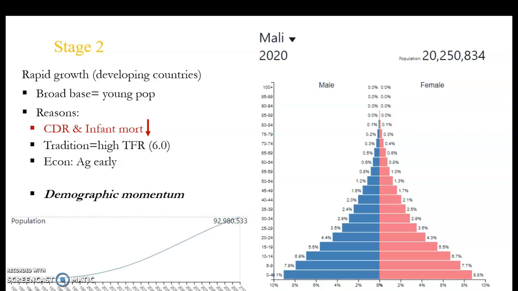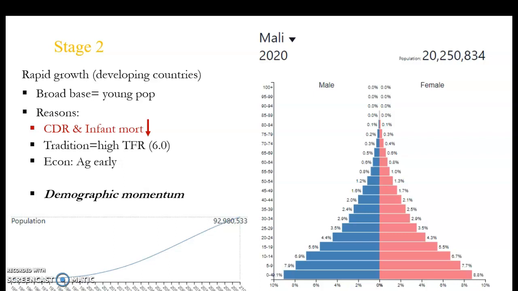Even if our TFR dropped to 2.1 replacement level, this population would grow for the foreseeable future, because all of those kids in those smallest cohorts are going to reach childbearing age. They're going to at least double. So the current fertility rate in Mali is reflective of that population explosion.